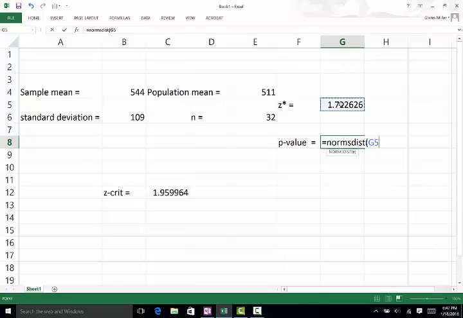Well, we found the z-score, so I'm using NORM.S.DIST. That's not right. That's not comparable to alpha. That probability is the probability to the left of the z-star. Okay, so that is not the correct p-value. What we need to do in this case, not always, but because of our diagram, we realize we need to subtract from 100%. Okay, so there was about a 4% chance of getting, just by luck, a sample mean like Joe's.